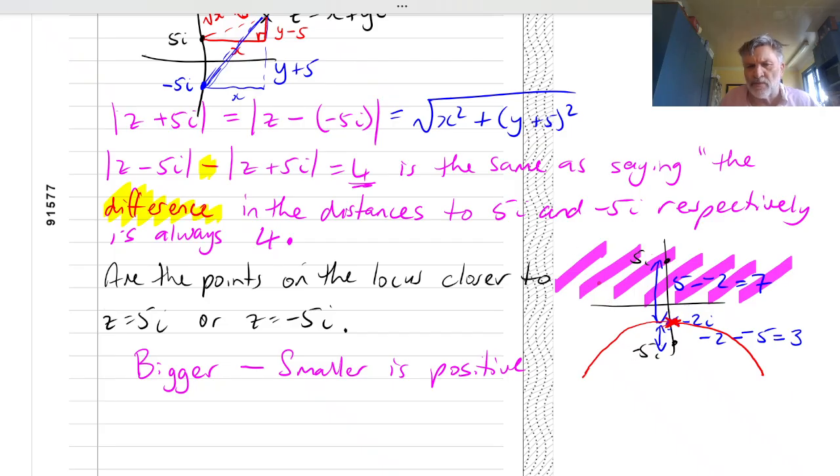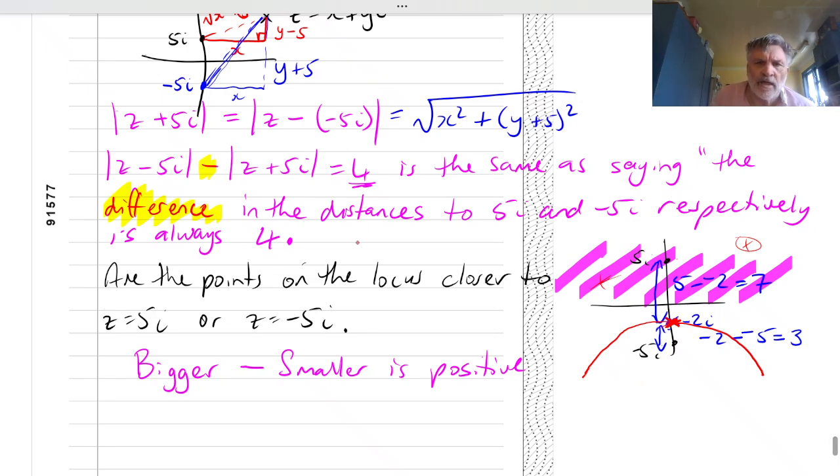There are no points up here. Any point up here is automatically excluded. These points are all closer to 5i than to negative 5i. So if I take that distance and take off this distance, I'll get a negative answer. Can't possibly be getting 4.